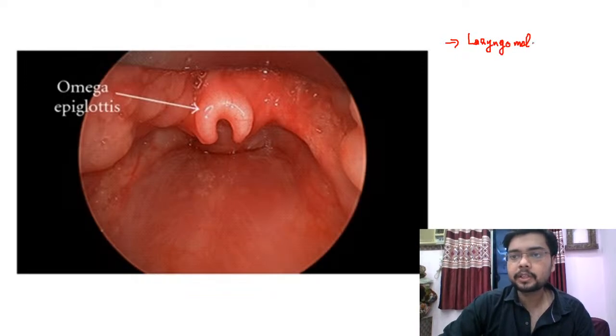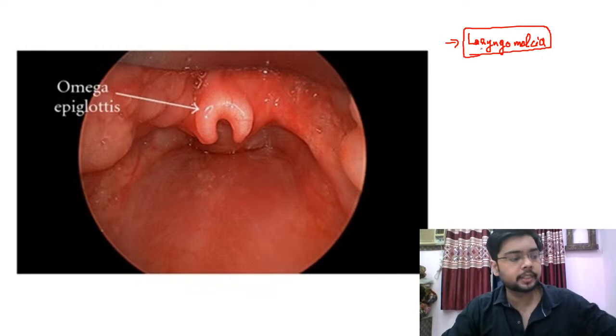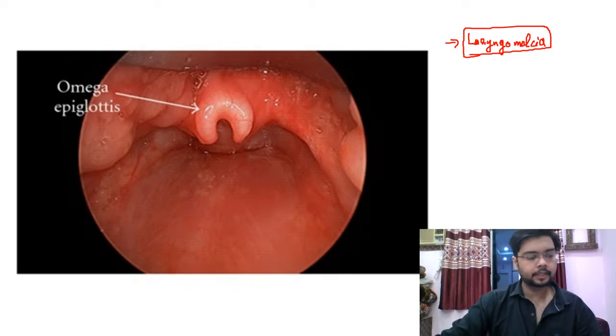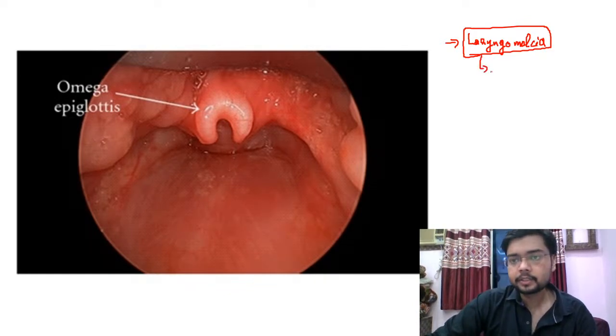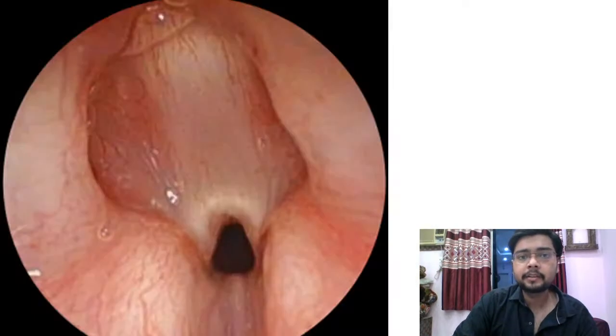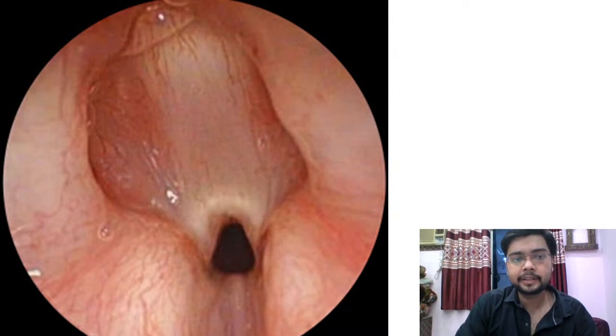Why is laryngomalacia common? Because you all know it is the most common benign condition, or the congenital anomaly seen here, which causes stridor in infants, the most common congenital condition which causes stridor. Once we identify the images, we will go to each of them in detail.